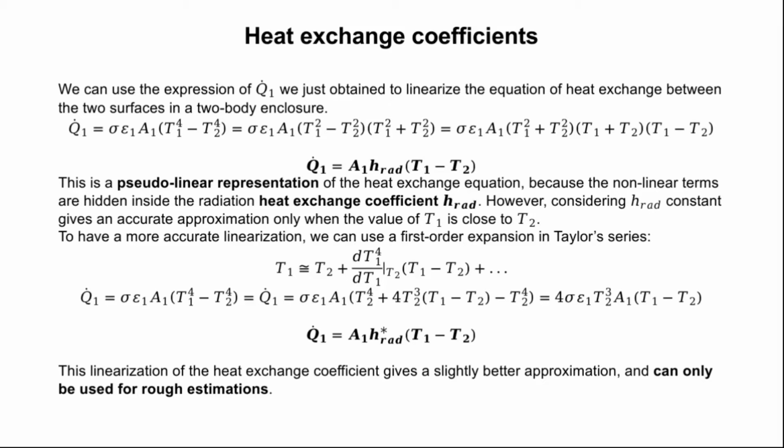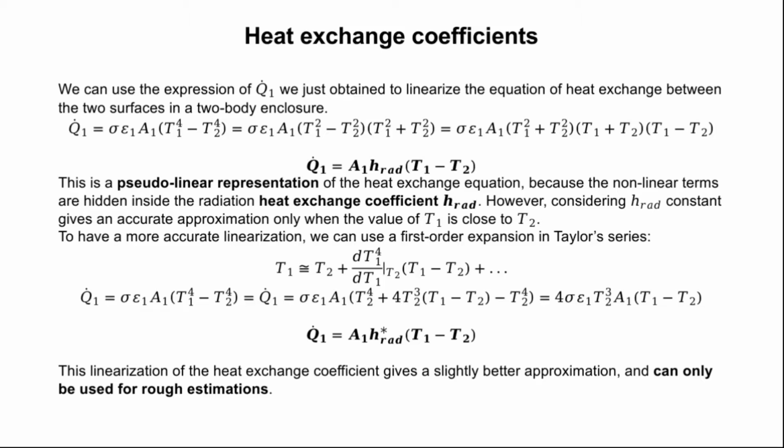We can use the expression of Q1 we just obtained to linearize the equation of heat exchange between the two surfaces in a two-body enclosure. By using the properties of differences of squares, we can express Q1 as A1 times h rad times the difference T1 minus T2, where h rad is a pseudo-linear heat exchange coefficient, as it is equal to sigma times epsilon 1 times the sum T1 squared plus T2 squared times the sum T1 plus T2, and is thus a nonlinear coefficient.